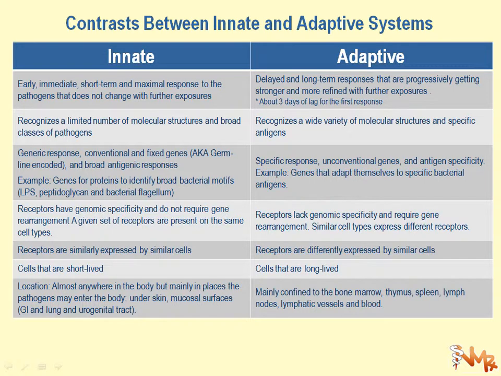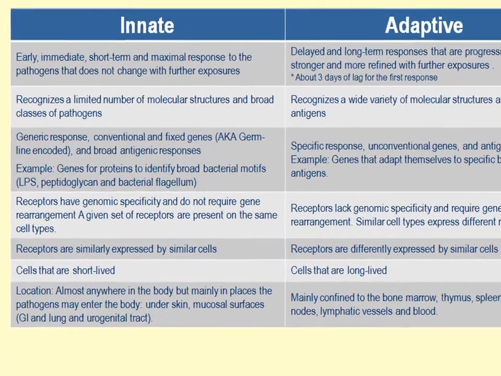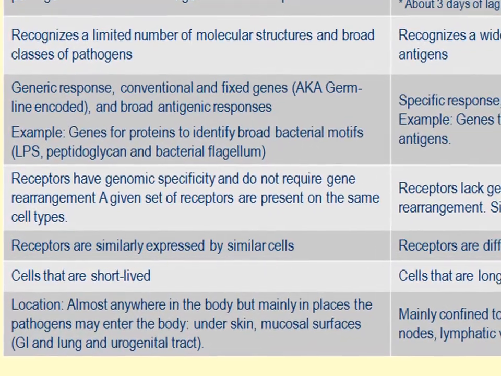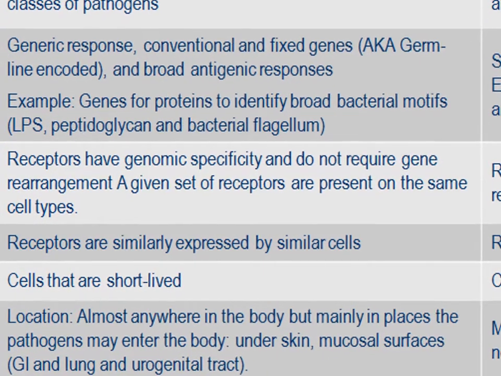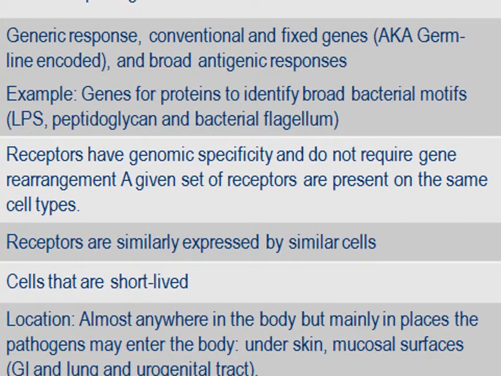Innate system receptors have genomic specificity and do not require gene rearrangements. A given set of receptors are present on the same cell types. For instance, all neutrophils have the same set of receptors.